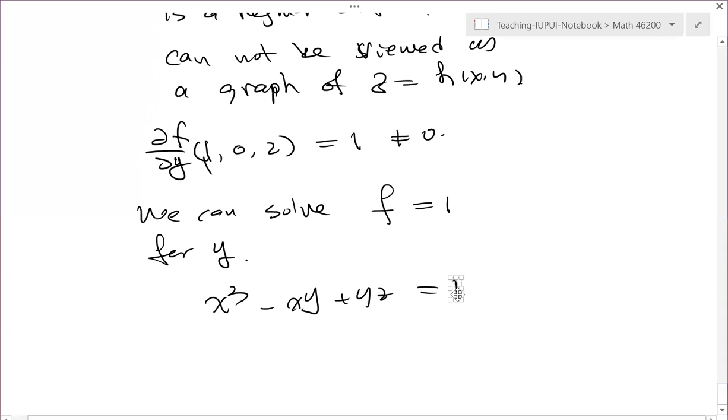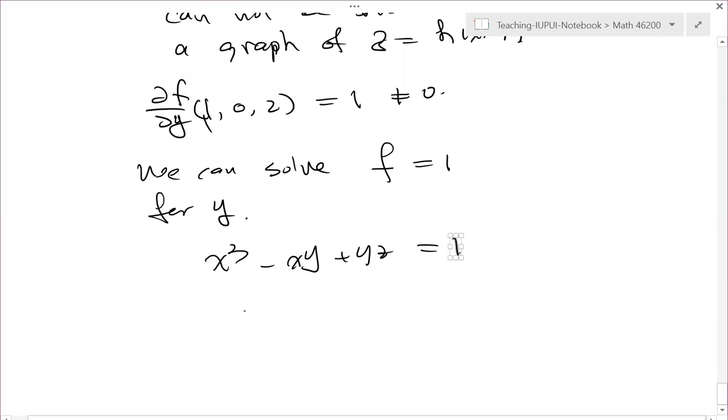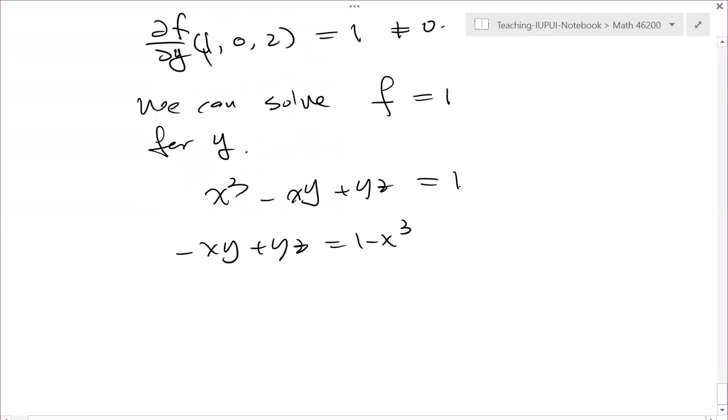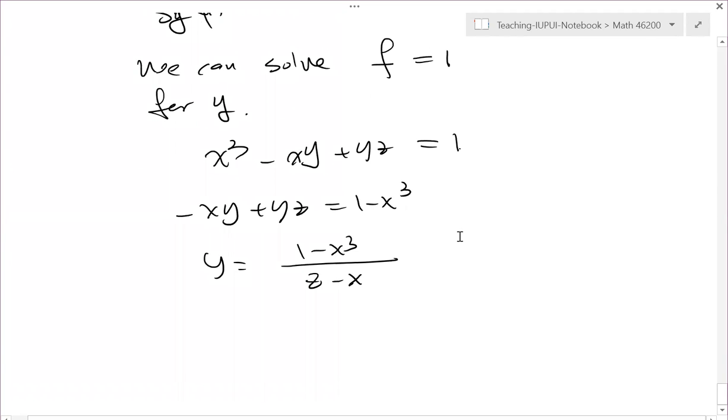That's obvious, this is linear in y, right? So negative xy plus yz. So I solve for y, so y is going to be (1 minus x cubed) over (z minus x). Great.